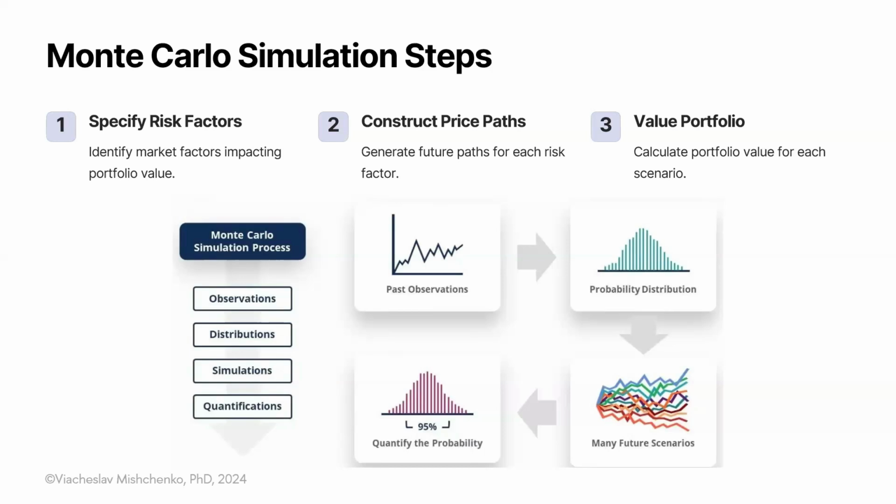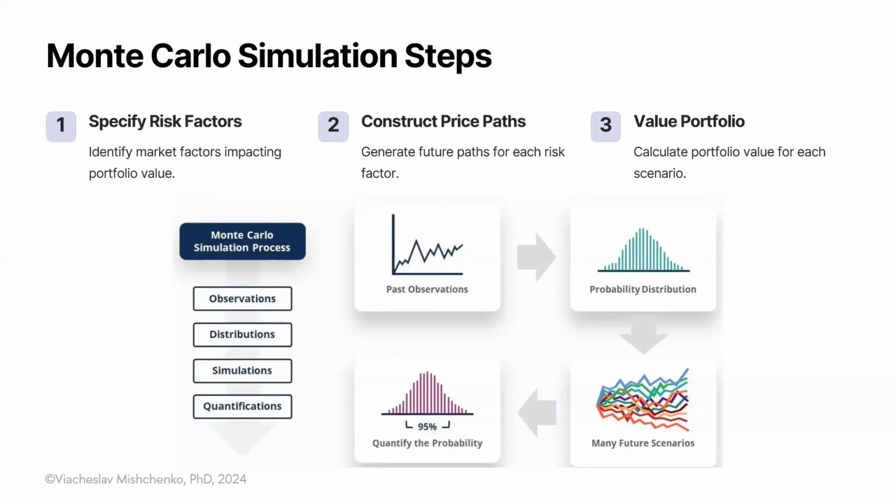Now, when we deal with multiple correlated risk factors, we usually need to simulate from multivariate distributions. Why? Because this ensures that the simulated scenarios maintain the correct correlation structure.